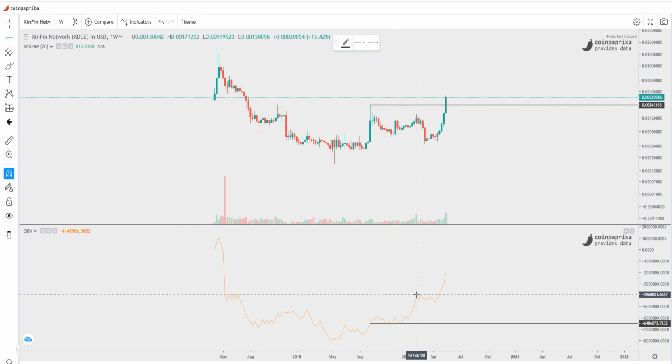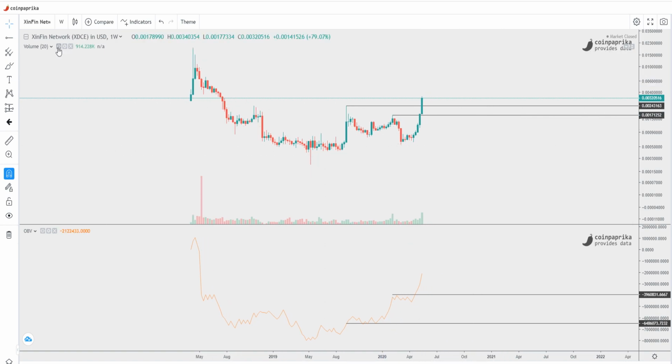And then this one here was a key for a better understanding, because this lower high here was lower compared to the previous one.